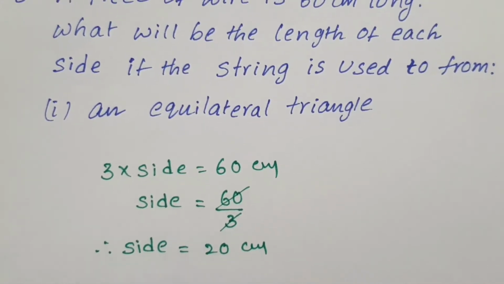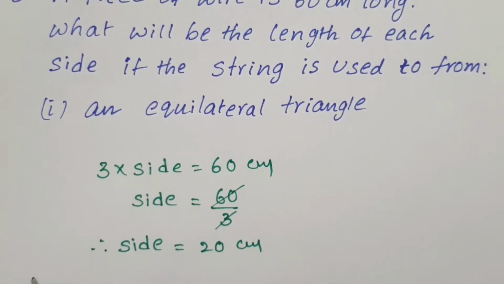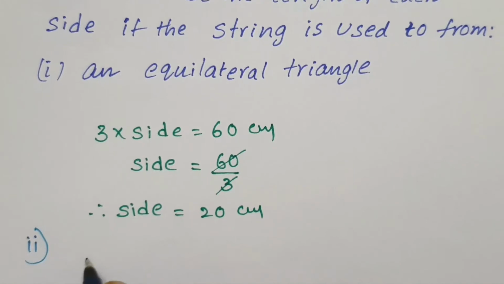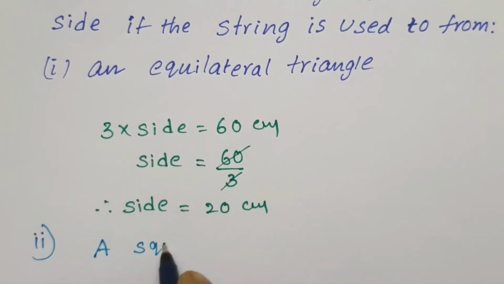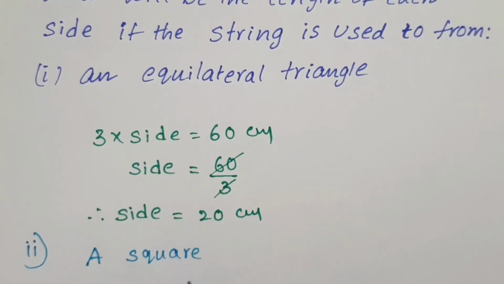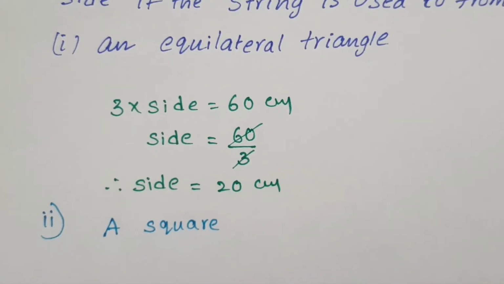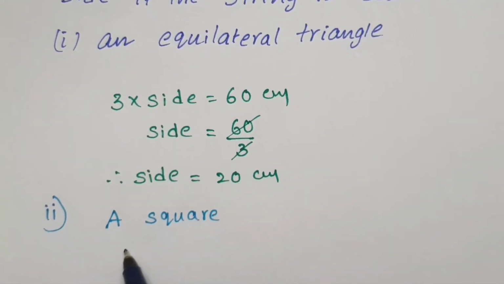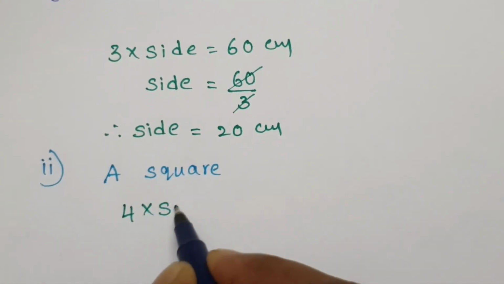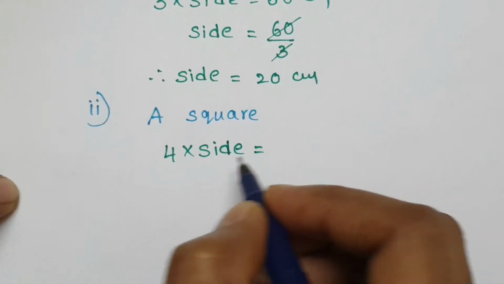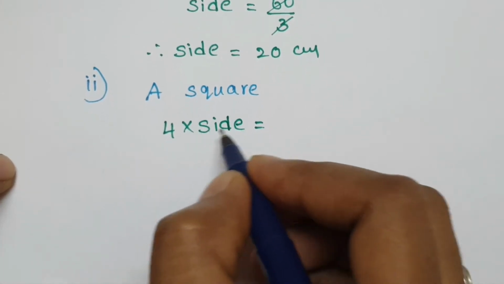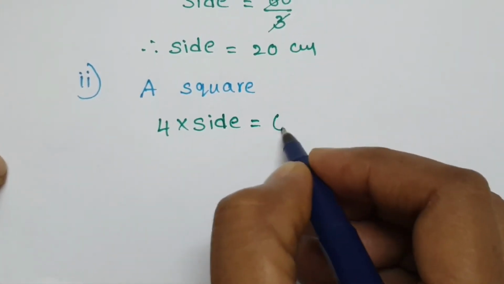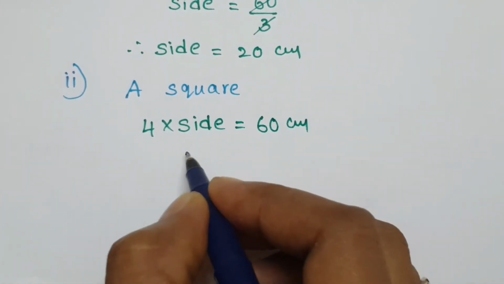And the second one, a square. In a square all sides are equal. Square having 4 sides. Perimeter of a square equal to 4 into side. 4 into side equal to 60 they given.